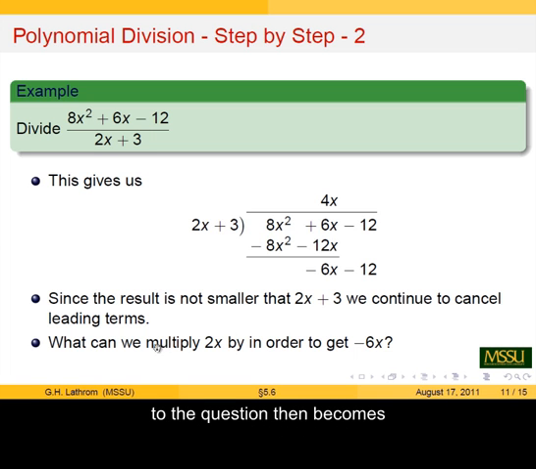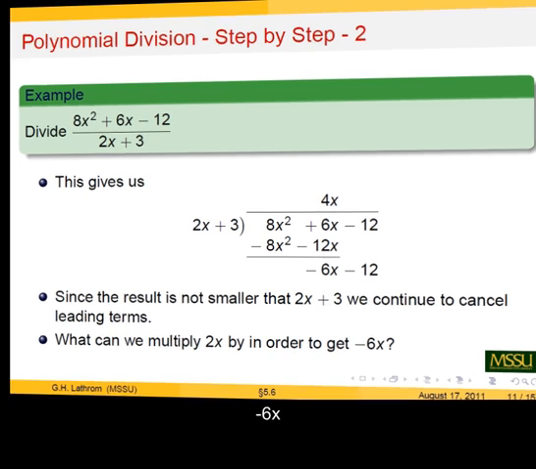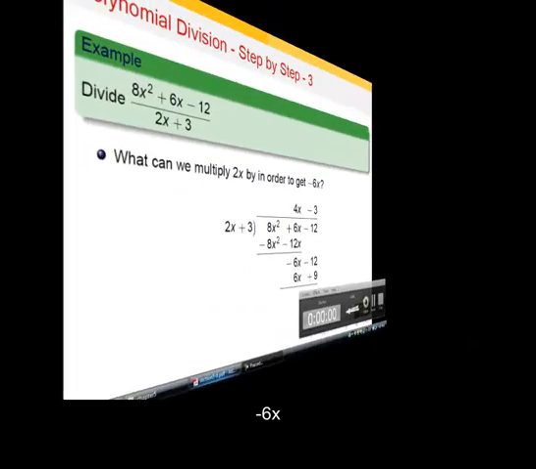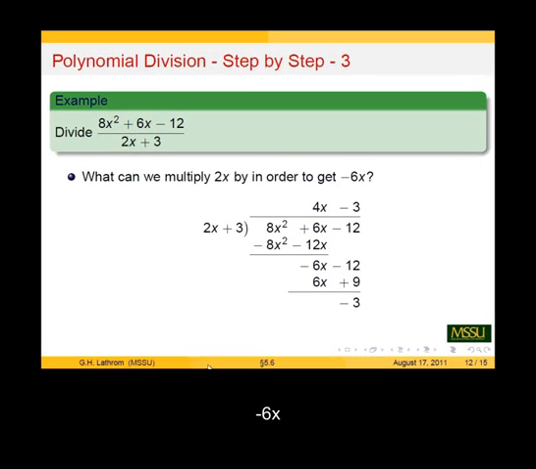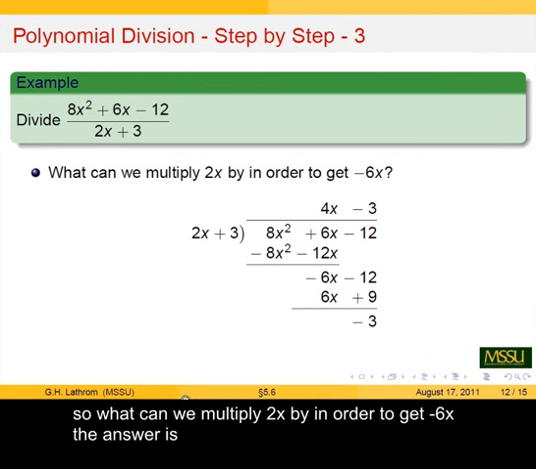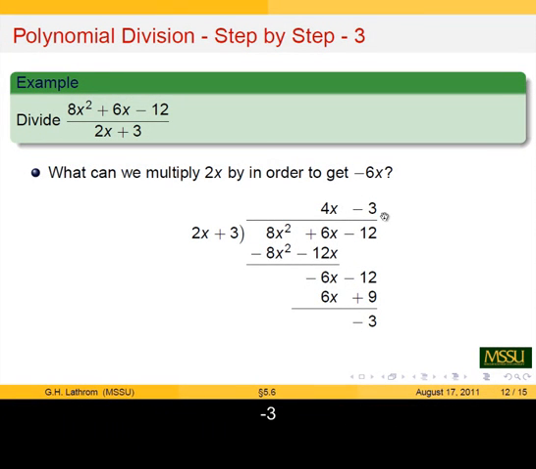So the question then becomes, what can we multiply 2x by in order to get negative 6x? The answer is negative 3.